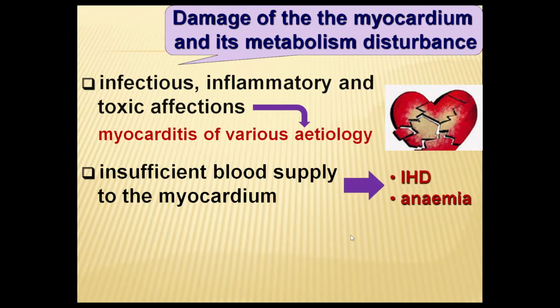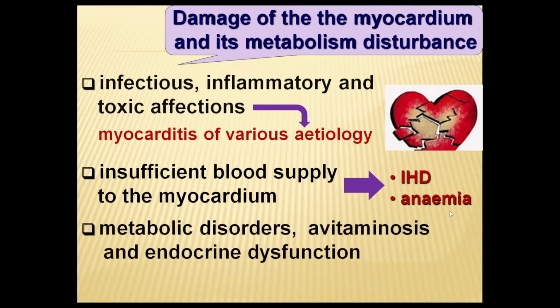We are talking about ischemic heart diseases, when the blood supply is restricted due to narrowing of coronary vessels because of formation of atherosclerotic plaques, or anemia, where there is no problem with vessels but a problem in the amount of red blood cells, which are the main transport system of oxygen.